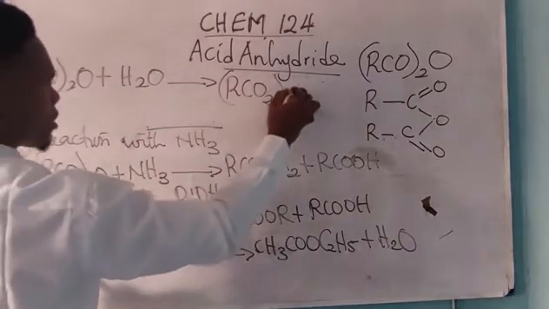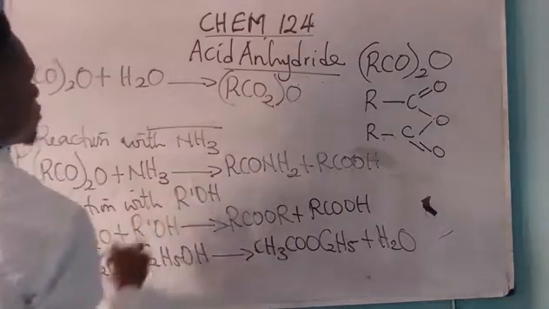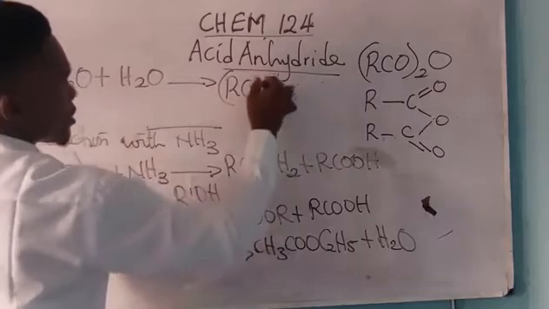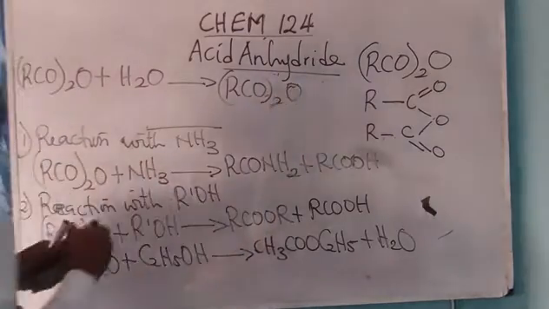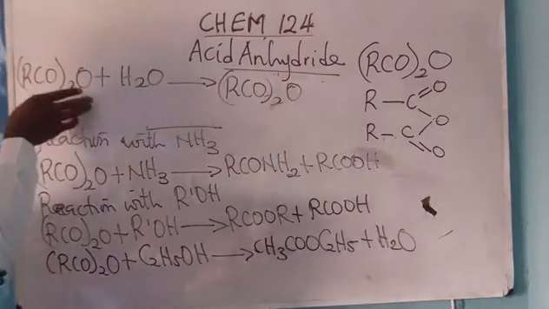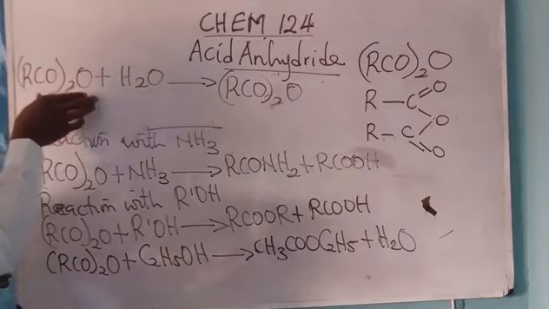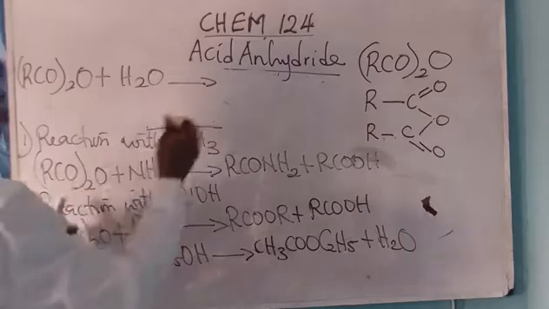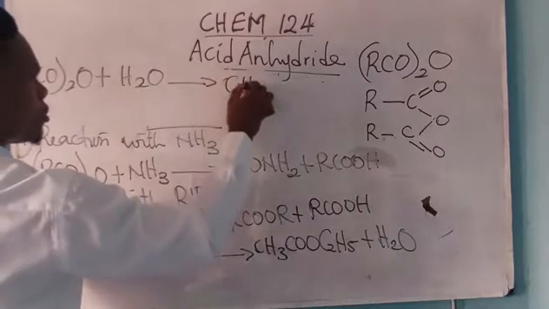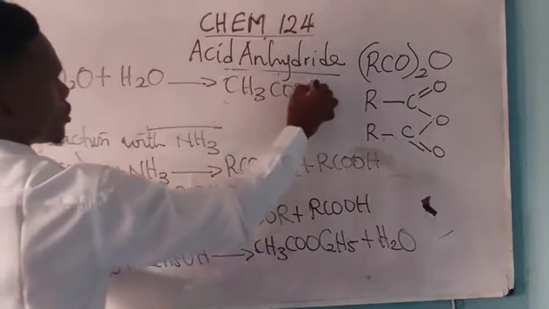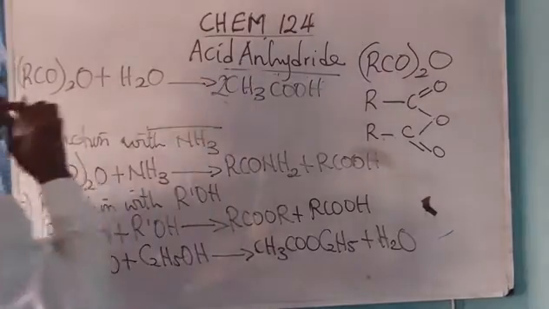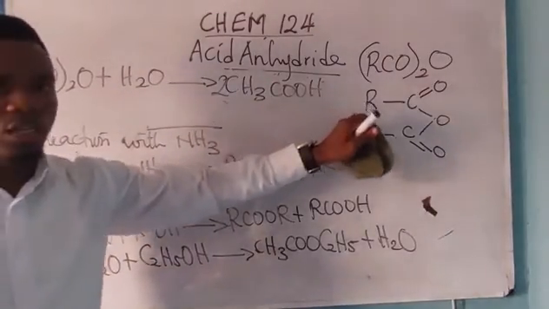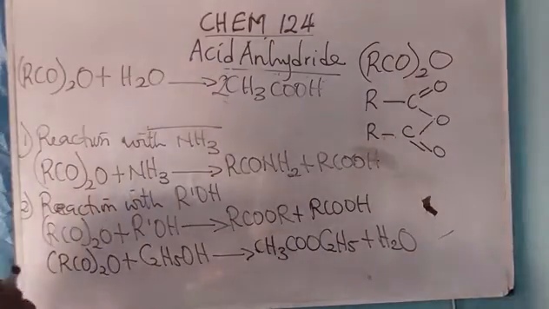The hydration of acid anhydride produces a carboxylic acid, CH3COOH. I think there's 2 here. Just like the reverse of what we did when we were preparing acid anhydride. So please take note of that.